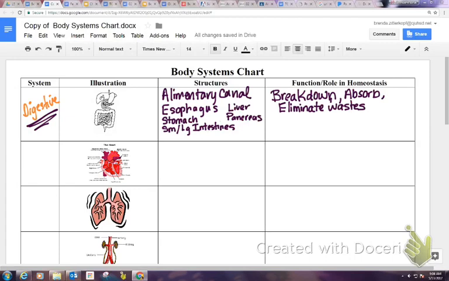So food has to be processed, and you have digestive enzymes all along the way, stomach and small intestine, that are going to break down complex food molecules into the simple building blocks, and it's those simple building blocks that then get absorbed through the wall of the small intestine.